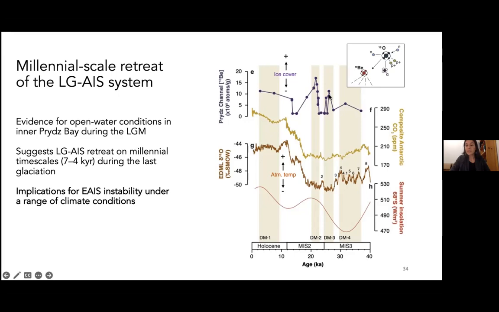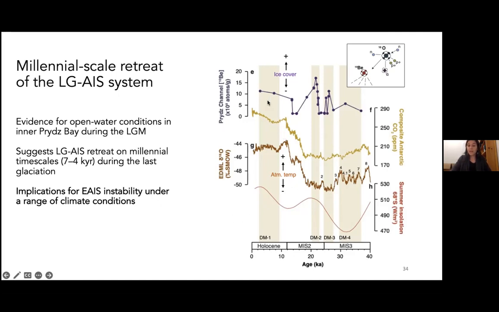So what this is telling us is that this major outlet glacier is responding to some type of suborbital forcing during the coldest time in Earth's recent geologic history. So, that says something about how sensitive these systems might be.